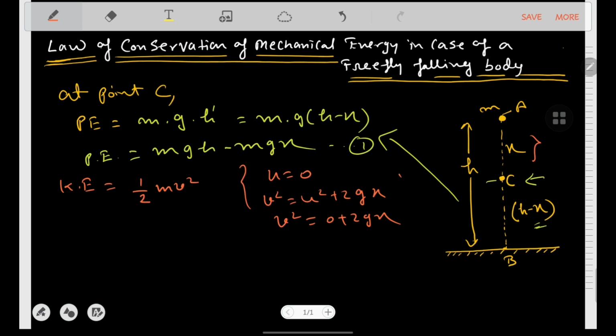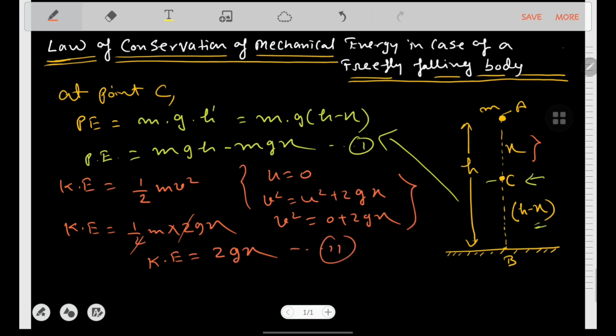So we can replace v square by 2gx, because adding 0 changes nothing. So the kinetic energy at that point, half m into v square, becomes half m into 2gx, and the 2 and 2 cancel out, so KE is equal to mgx. That is the second equation for us.